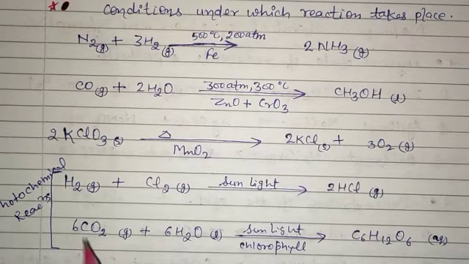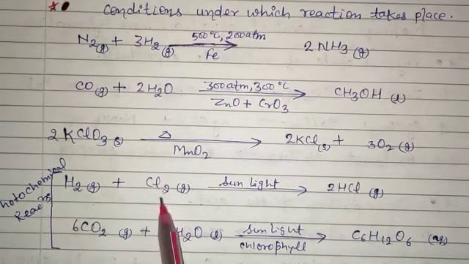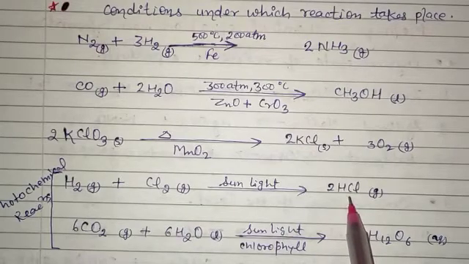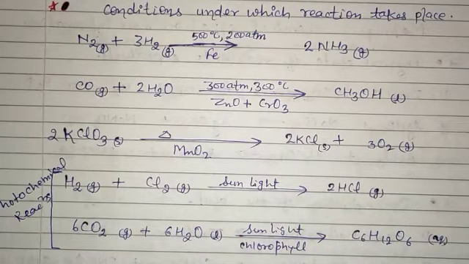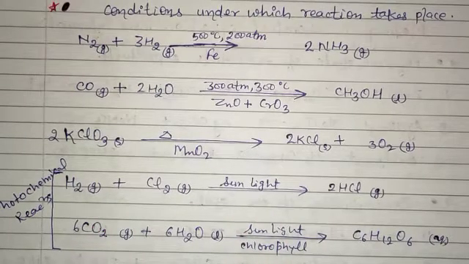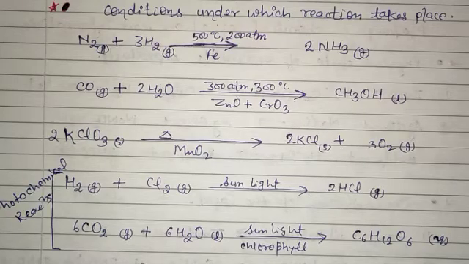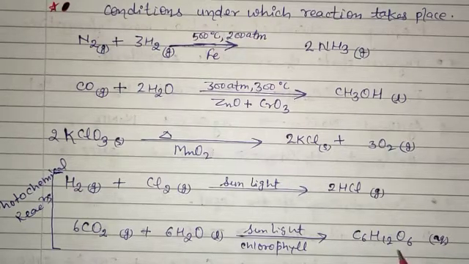In the same way, hydrogen reacts with chlorine to form HCl. Here the condition is sunlight. In the presence of sunlight, this reaction proceeds. You know, during photosynthesis, carbon dioxide and water react to form glucose in green plants.